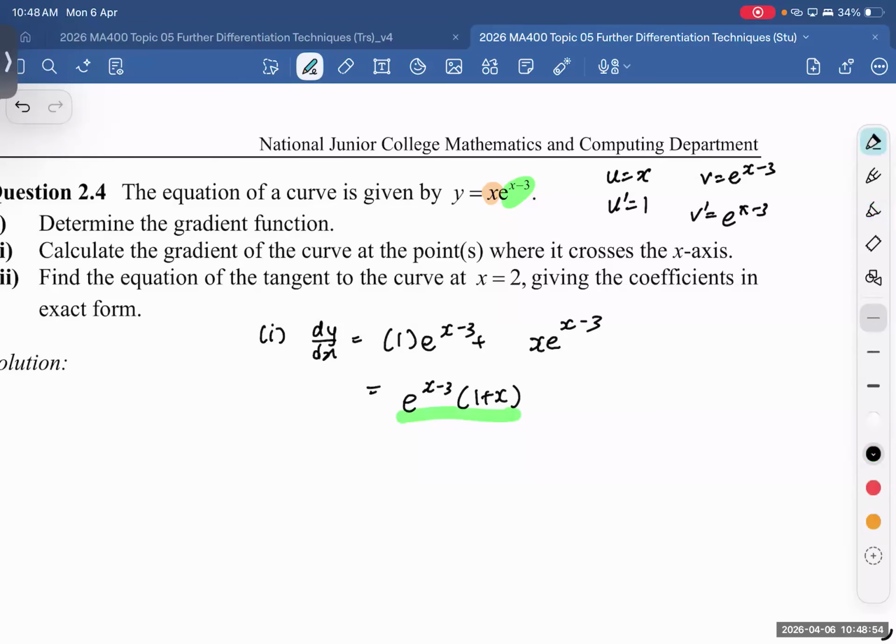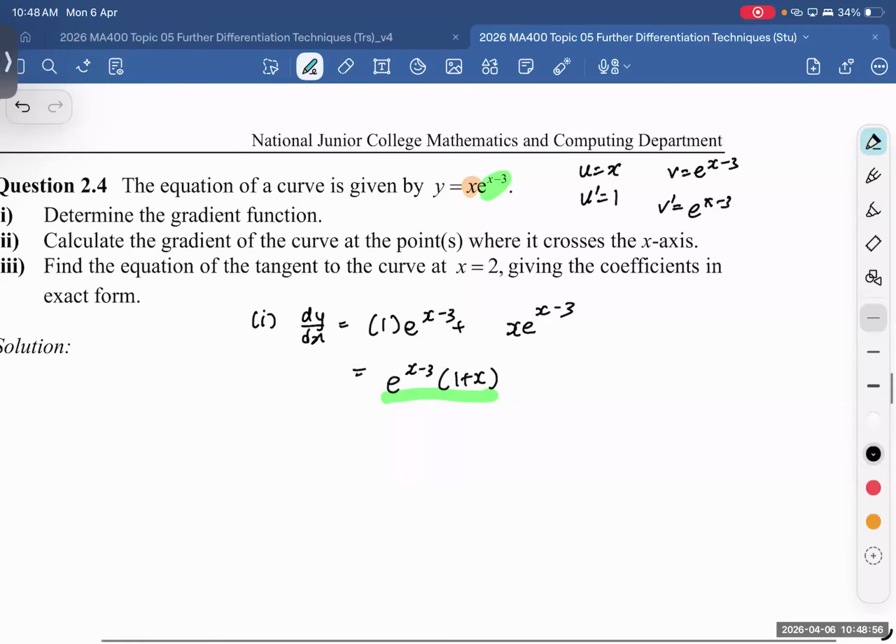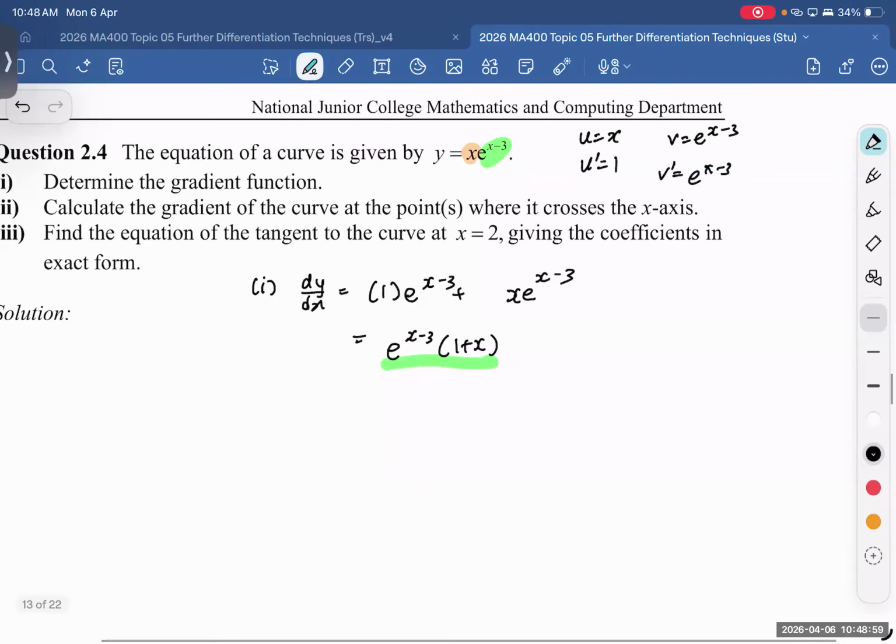So this is part 1. Done. Part 2, where does it cross the x-axis? The word cross the x-axis, what does it trigger for you? x-axis means y equals 0. So Javier knows that y equals 0. What can he get from that?